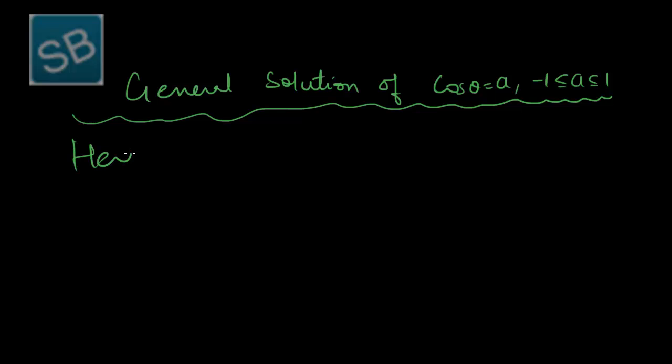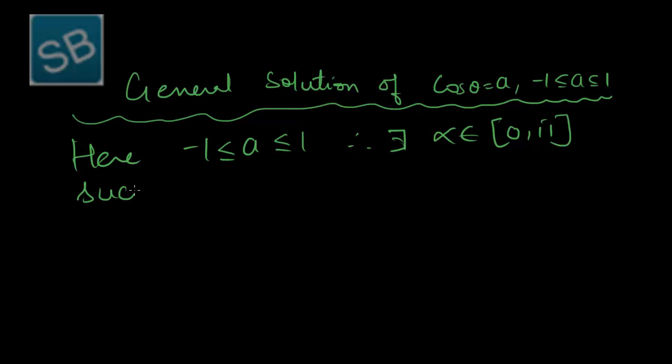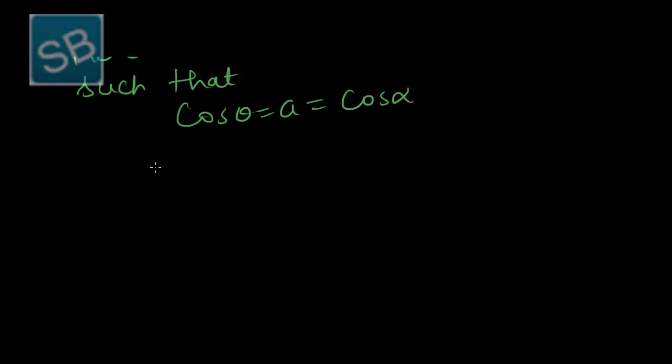Here minus 1 less than or equal to A less than or equal to 1. Therefore, there exists alpha belongs to restricted domain 0 to pi such that cos theta is equal to A, which is equal to cos alpha. That is, cos theta minus cos alpha is equal to 0.